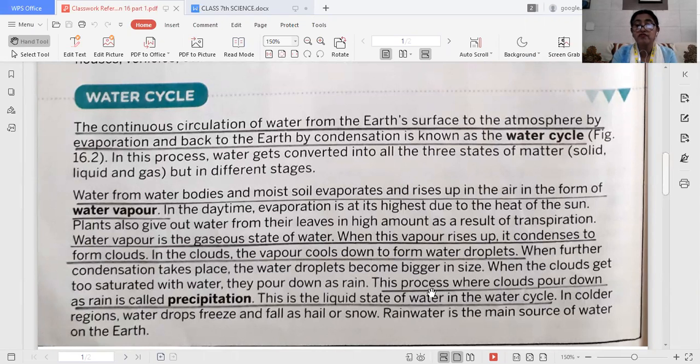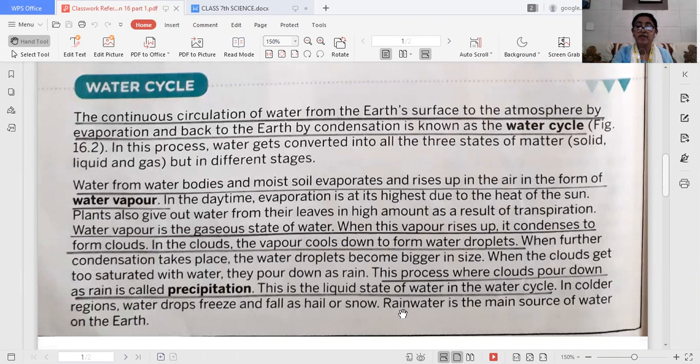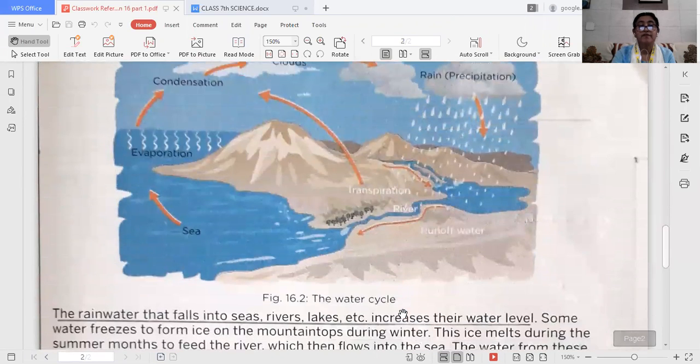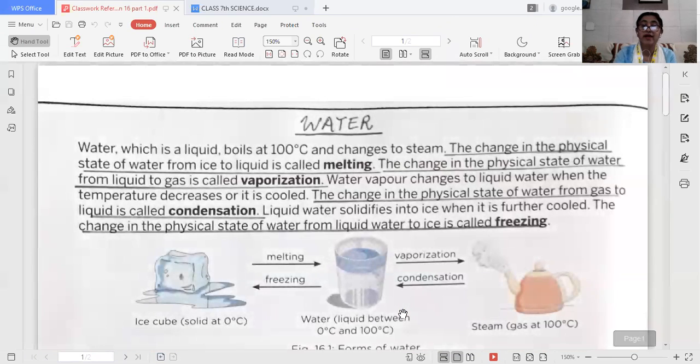So the process where clouds pour down as rain is called precipitation. This is the liquid state of water in the water cycle. So you can see here, one is the gaseous state, then comes condensation, and then precipitation takes place, as you can see in the diagram also, right?